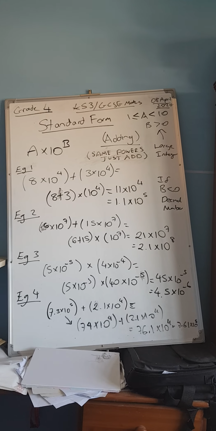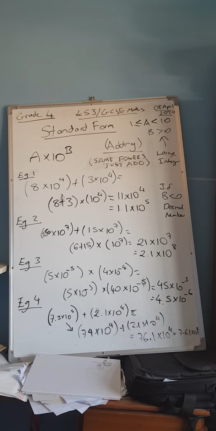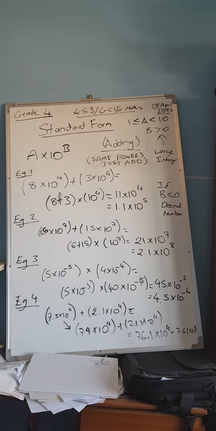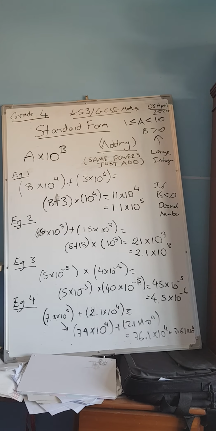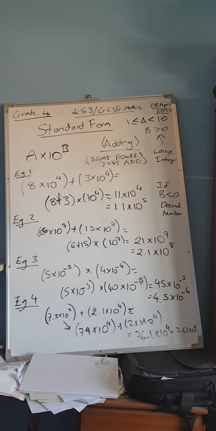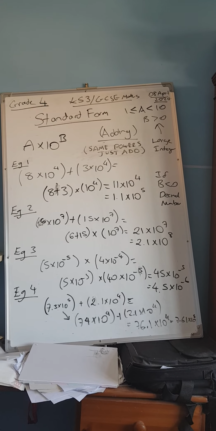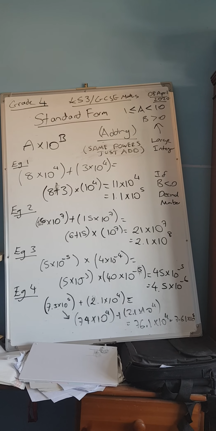And then lastly, guys, 7.3 times 10 to the 5 plus 2.1 times 10 to the 4. Again, I have to convert it to the same powers. I've converted it to 73, sorry, I've made a mistake there.